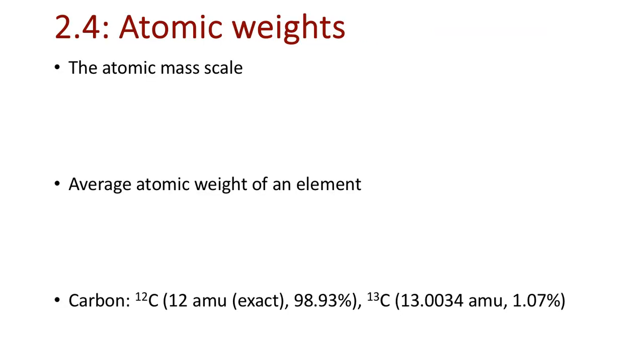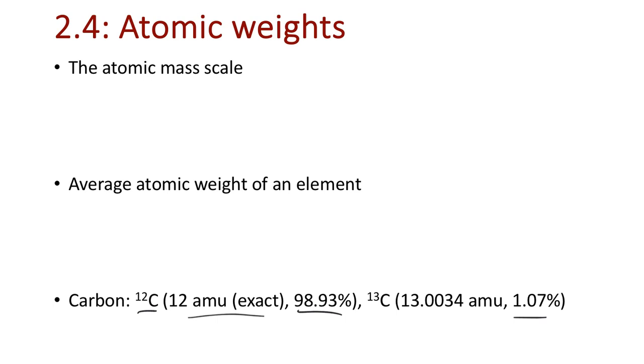And so for something like carbon, you can see some of the data down here that carbon 12 has a mass of exactly 12 AMU. We'll talk about why it's exactly 12 AMU in just a moment. 98.93% of a natural sample of carbon is carbon 12. Almost the remainder, in fact, if you do the math, the remainder is carbon 13 with, like we mentioned before, the amount of carbon 14 in a natural sample so small, it's less than 10 to the minus 10%.